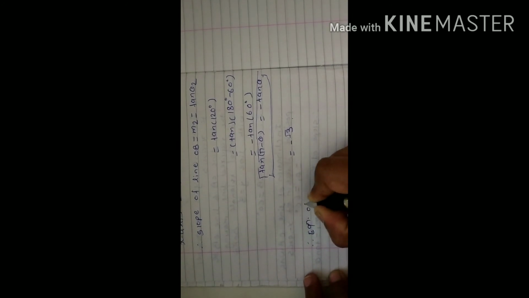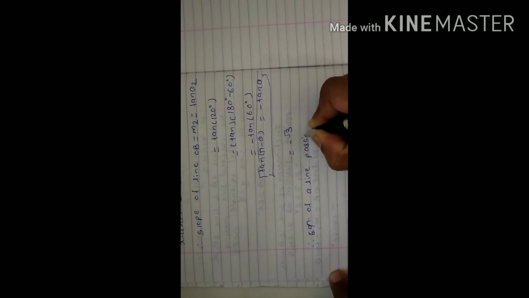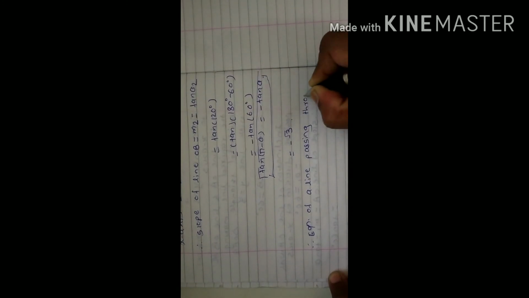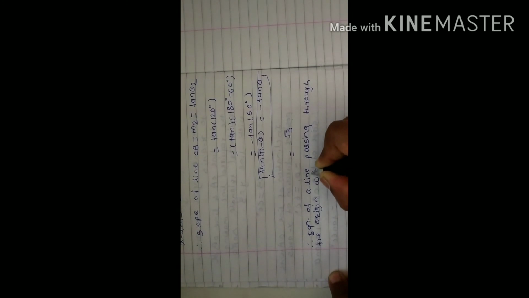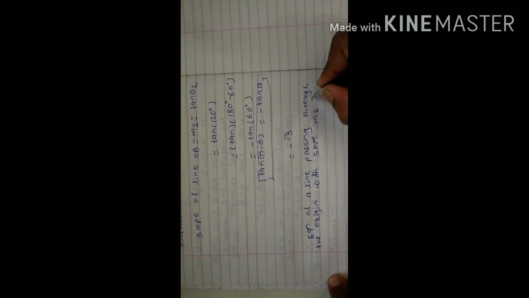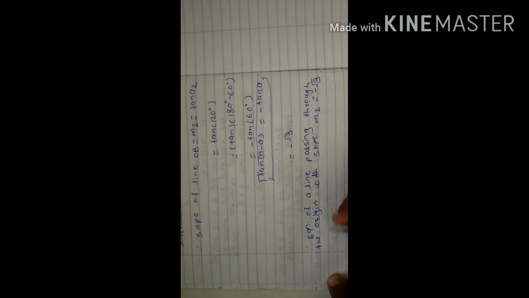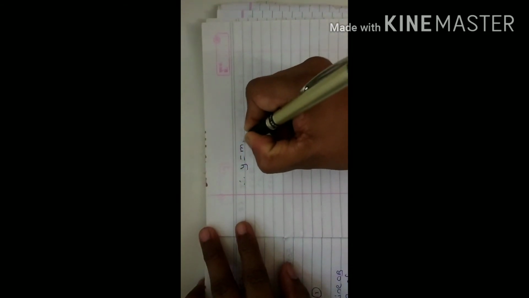Therefore, the equation of the line passing through the origin with slope m2 equal to minus root 3: we know y is equal to m2x.